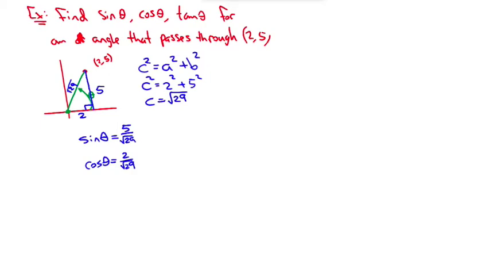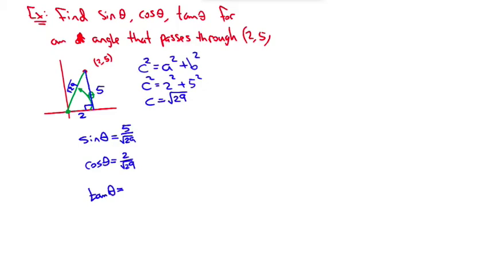Sometimes you'll see 5 square roots of 29 over 29. It's the same thing, you just rationalize the denominator by multiplying top and bottom by the square root of 29. If you leave it like this, it's fine, I don't mind, because both are exact answers. 2 square roots of 29 over 29 is the same thing as 2 over the square root of 29.